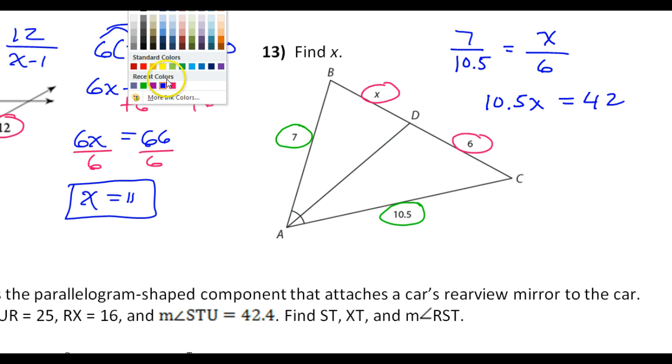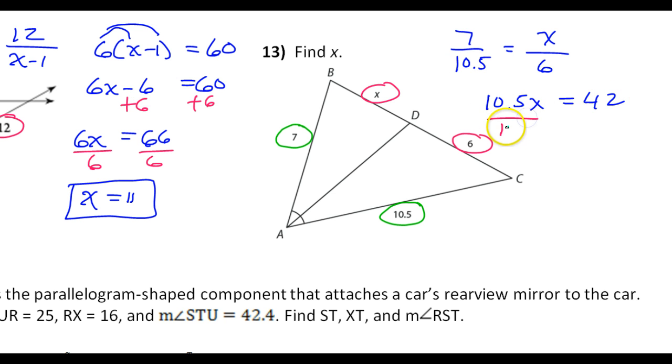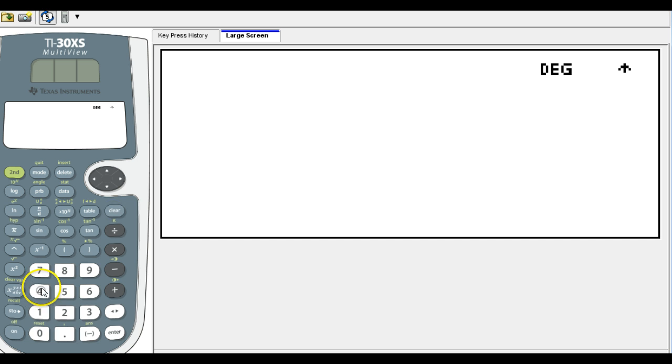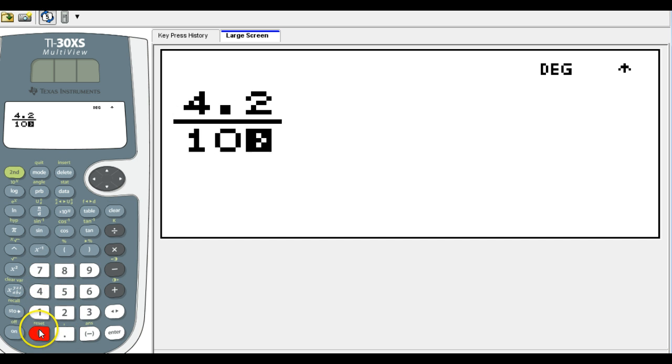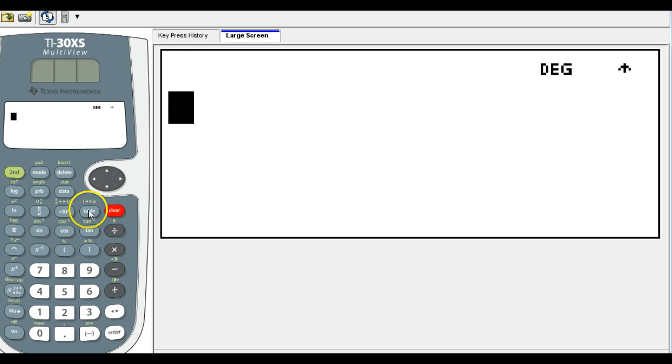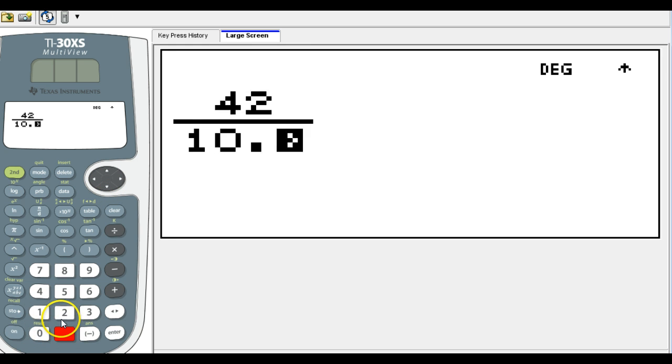So then I would divide both sides by 10.5. Oh, it's not 4.2. Why did I do that? 42 over 10.5 is 4.